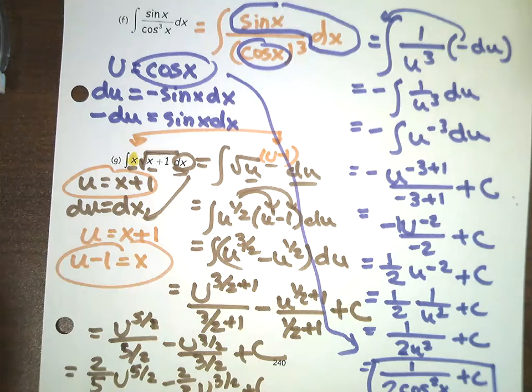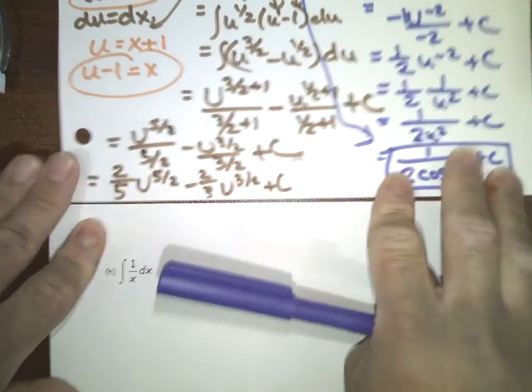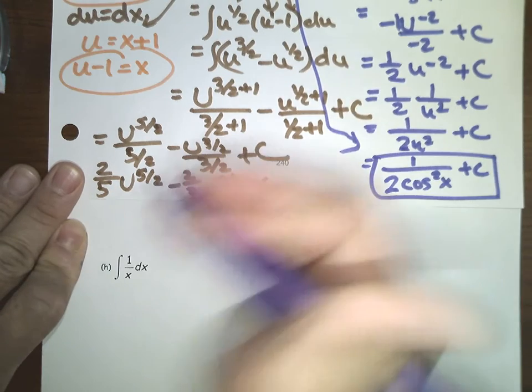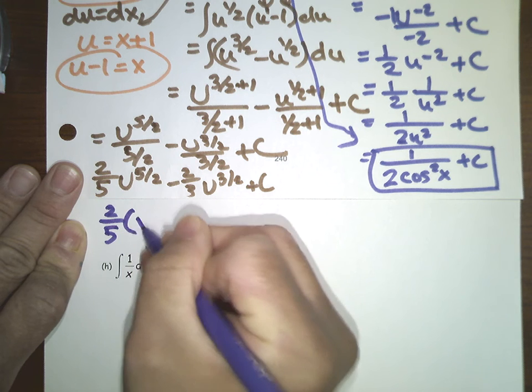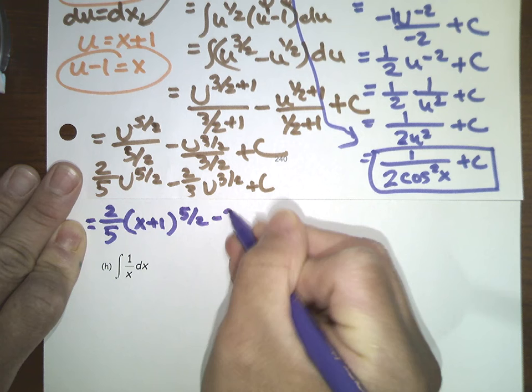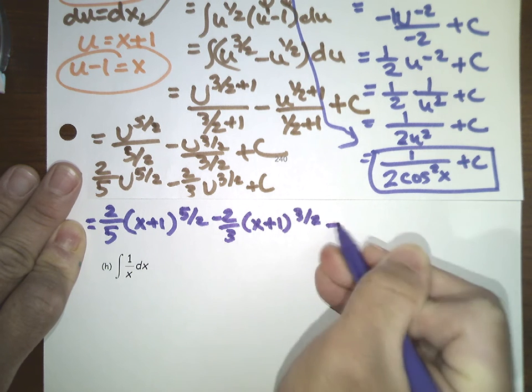Actually, I'll just keep on writing at the top of the next page so that we can continue on without a lot of extra hassle. So 2/5 times x plus 1 to the 5/2 minus 2/3 times x plus 1 to the 3/2 plus c.